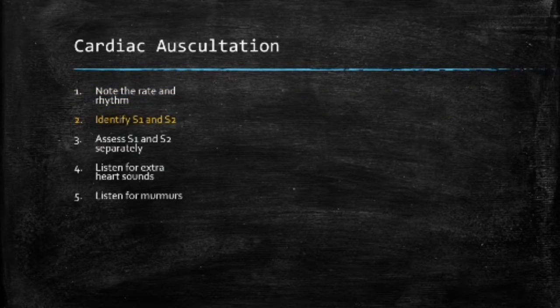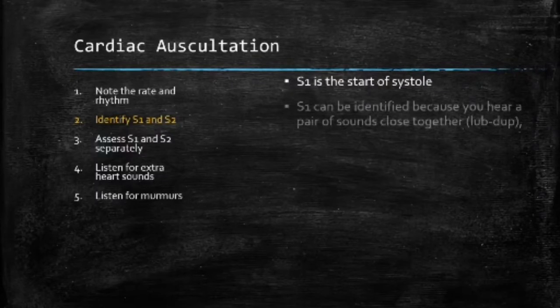Identify S1 and S2. This is important because S1 is the start of systole and thus serves as the reference point for timing of all other cardiac sounds. Usually, you can identify S1 instantly because you hear a pair of sounds close together, lub-dub, and S1 is the first pair.